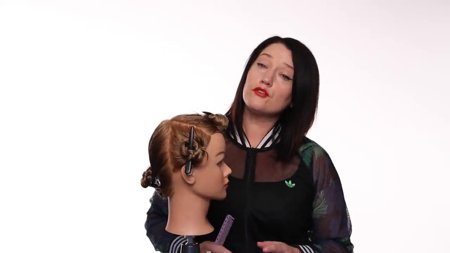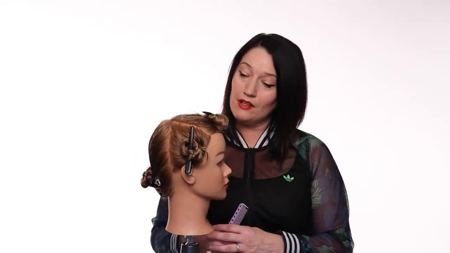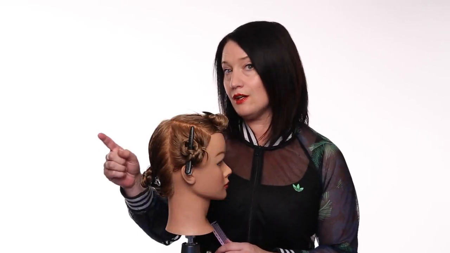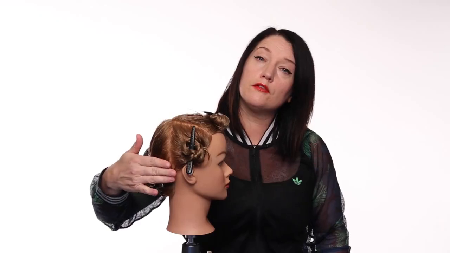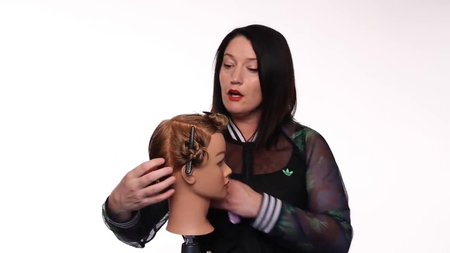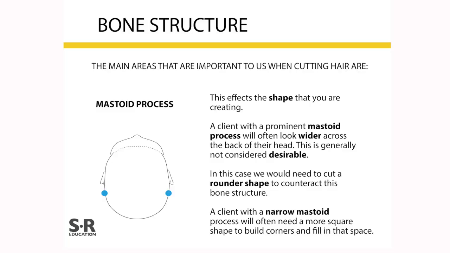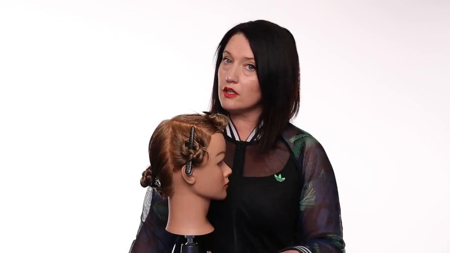The second bone structure that is very important as well, and often gets missed out, is the mastoid process. The mastoid process is that bone structure that sits behind the ear. It's actually quite big, but we're looking for the area that rounds behind the ear. How prominent or how narrow this bone structure is going to really help you to make a decision on what shape you're going to use.